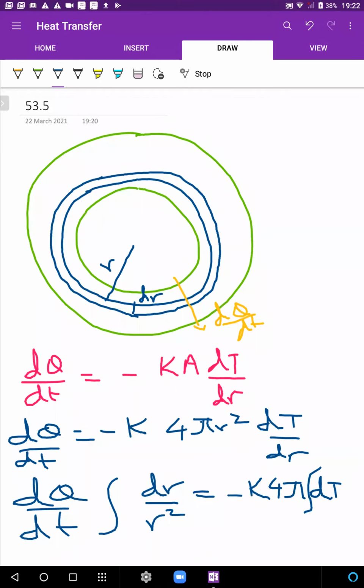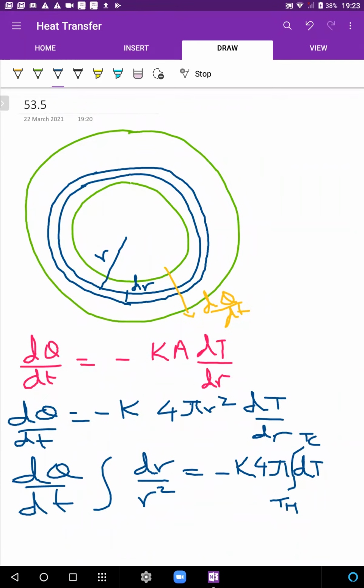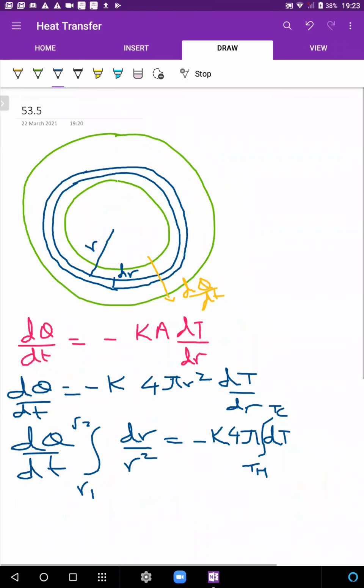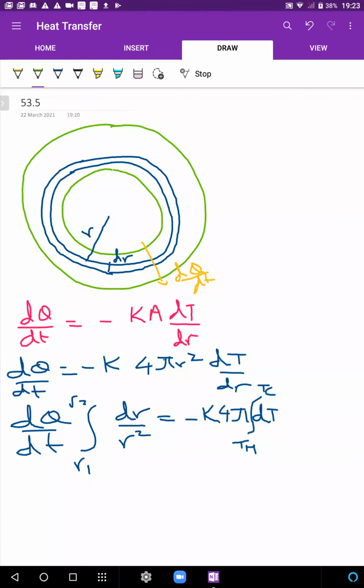Remember, the minus sign is just to make this term positive. So as I'm going from inside to outside, th to tc, and my radius is, I think, going from r1 to r2. Okay. So when I integrate this, this is going to become minus 1 by r2 minus minus plus 1 by r1. ऐसा हो जाएगा.